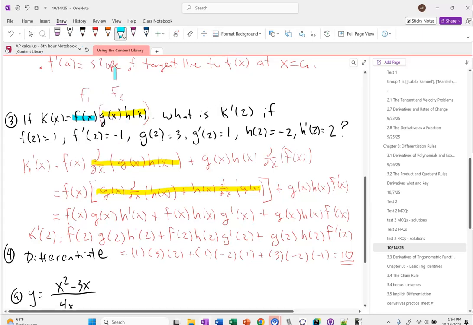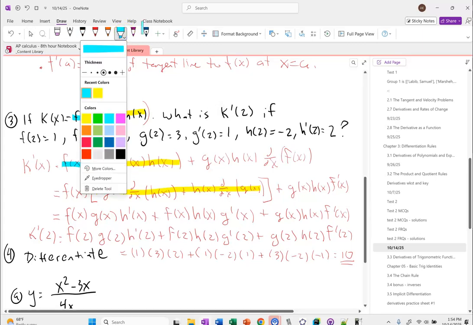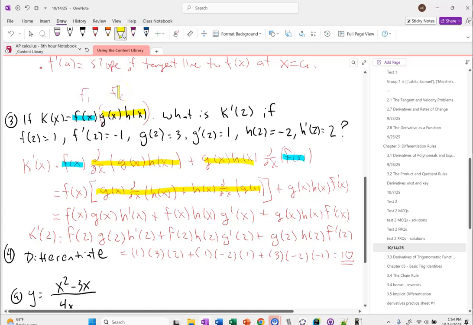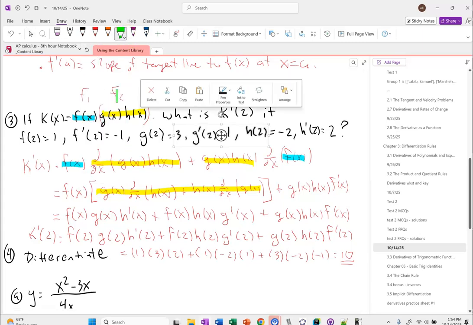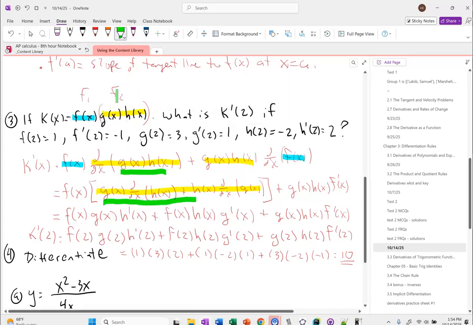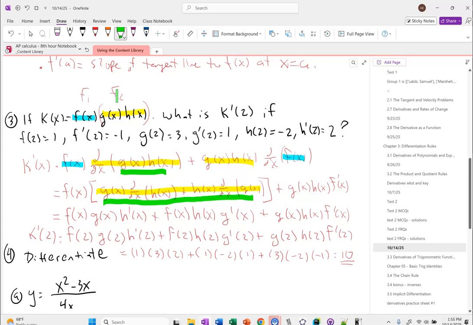So there's the first product property happening. But this guy is then a separate product property, right? The derivative of g times h is another product property now. Do you see it and what I did? You have to do the product property.